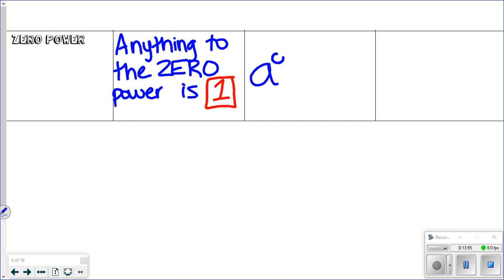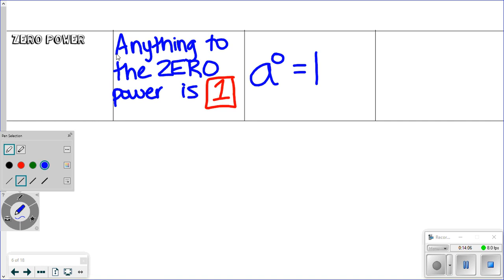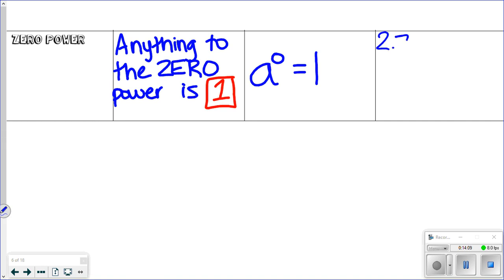So a to the 0 power equals 1. If I give you a decimal, 2.75 to the 0 power, it equals 1. Okay. If I have parentheses, this whole thing inside my parentheses, a squared b cubed c, is being raised to the 0 power, so that equals 1.